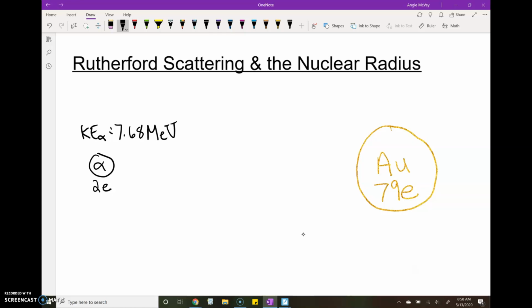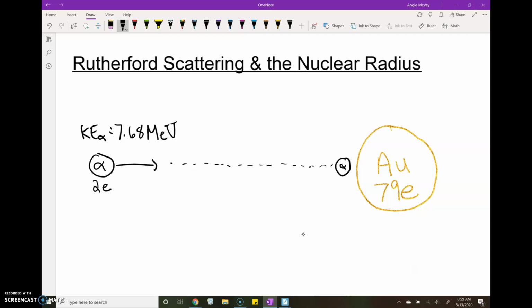And it was fired with that kinetic energy. And he looks specifically at an instant where the alpha particle came right up to a gold nucleus and bounced back, directly back. That's the situation that we're looking at.